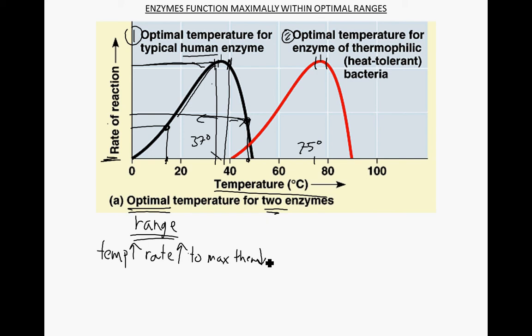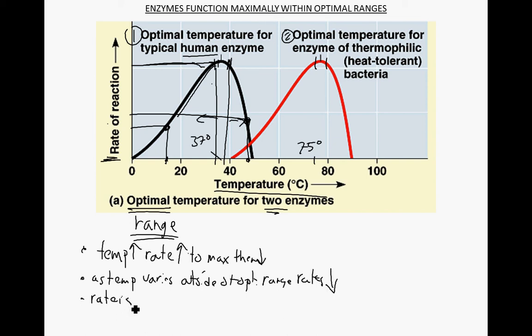You could change this a little bit more, and say as the temp varies outside of an optimum or optimal range, rates go down. Another way of describing that, rate is maximum within an optimum temperature range.